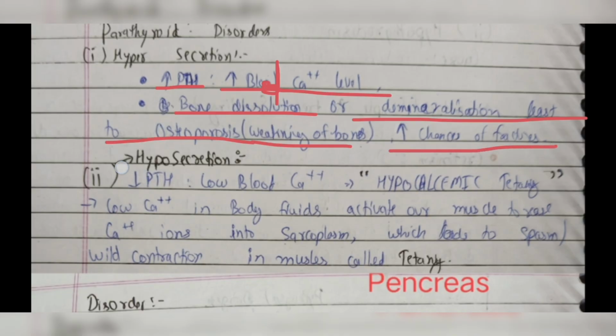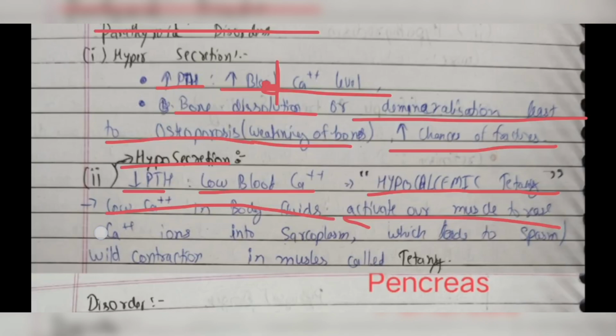The second would be hyposecretion of parathyroid hormone. It is decreased parathyroid hormone, low blood calcium would be its effect, and it also causes hypocalcemic tetany. Low calcium in the body fluid activates our muscle to raise calcium ions into the sarcoplasm, which leads to spasm or wild contraction in muscle called tetany.